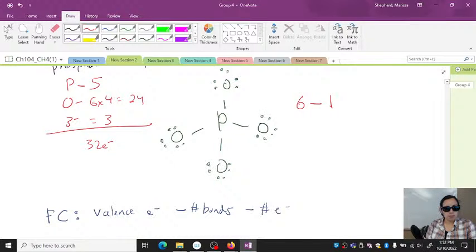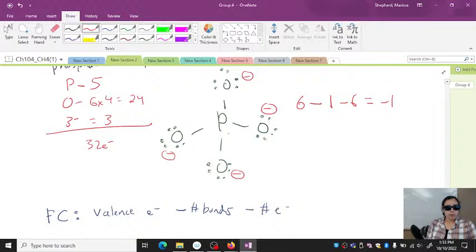So 6, right, 1, 2, 3, 4, 5, 6. And so what do you get for the formal charge? So -1. And then all these oxygens are the same. So you can see, okay, that's 6 -1 -6. And so we can write a little -1 around them. Uh-oh, we have 4 though.